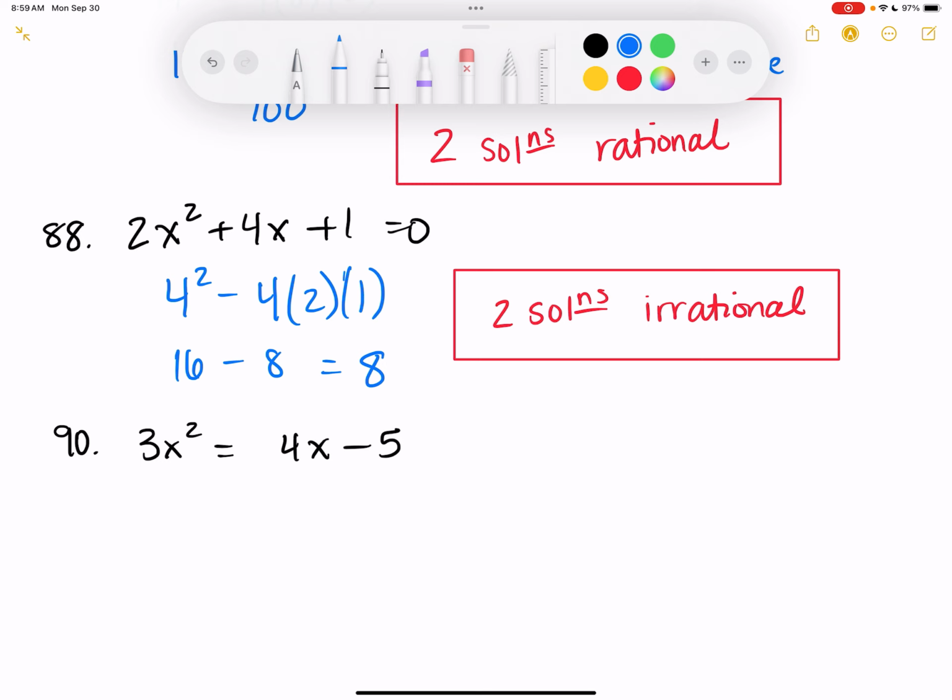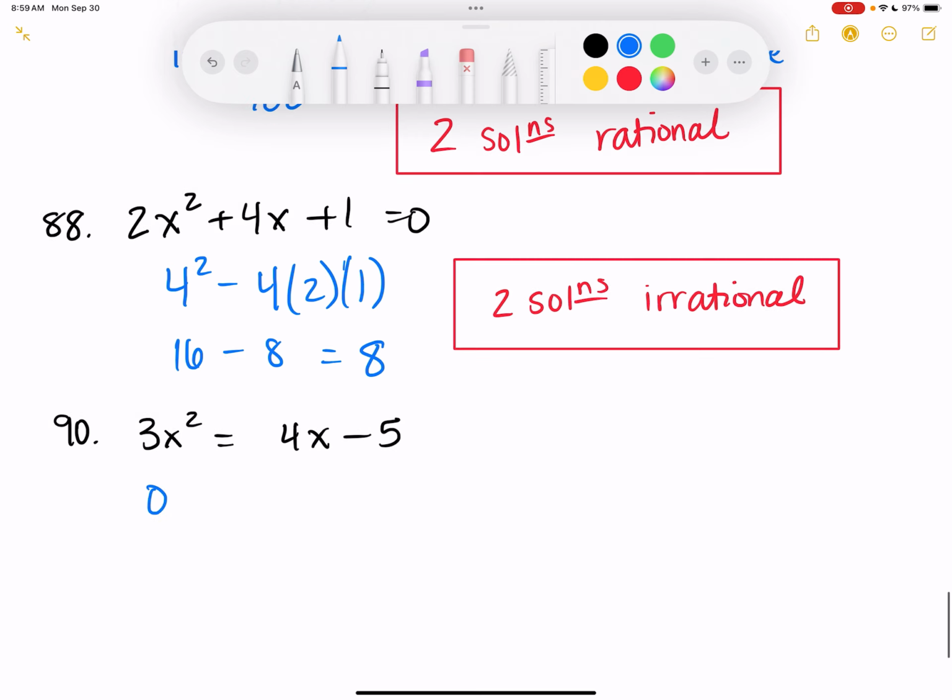I'm just going to move the 3x squared over because I'm going to end up with a negative regardless of how I end up moving things. So 0 equals negative 3x squared plus 4x minus 5. And another thing to note is it doesn't matter which way I move things. My final answer is going to end up being the same either way. It's not going to change your answer.